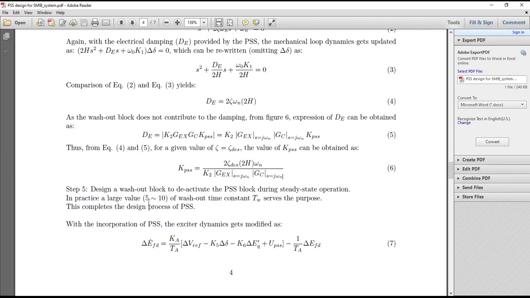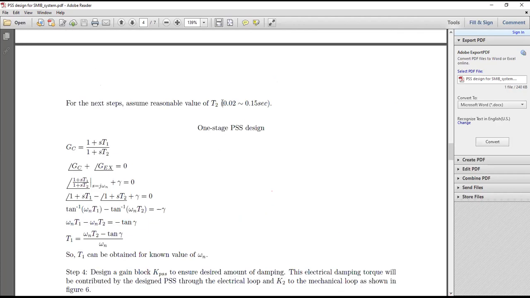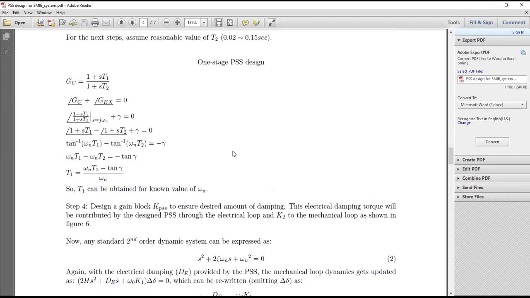Of course, you are left with the time constant for the washout blocks. And again, it takes some reasonably large value between 5 and 10 seconds. Large, of course, compared to the values of T2 and T1. You see the time constants associated with the compensator block are pretty small, T1 and T2, both of them.